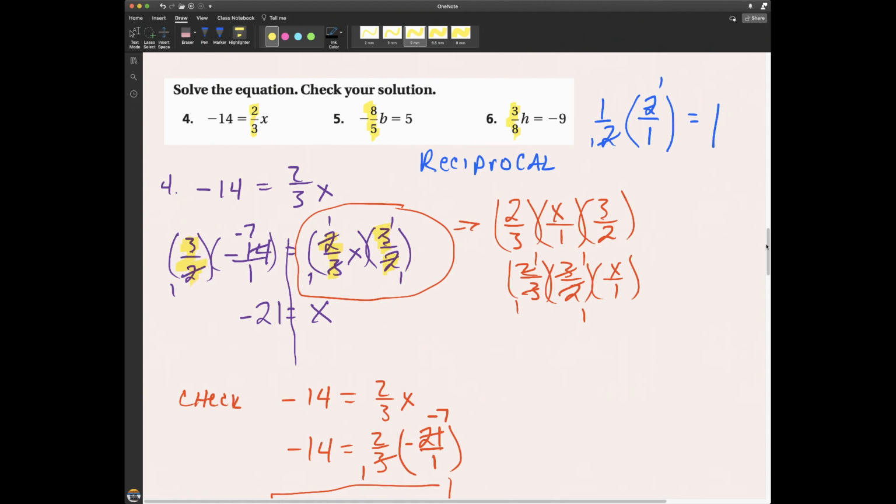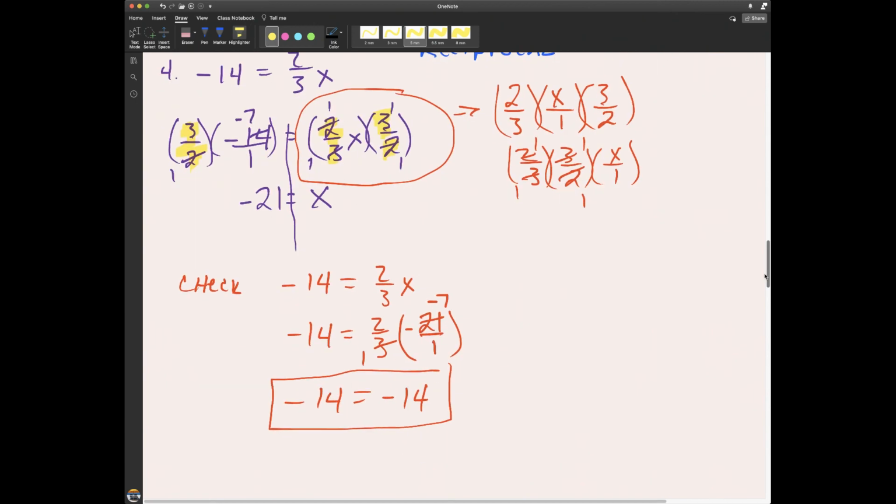So I ended up with x equals -21. And what I put a circle around here was just to show you why I can multiply 2/3 times 3/2. I'm using the commutative property of multiplication to do that, which says the order doesn't matter when I'm multiplying numbers. Okay. So we can check it, and you see that I did, and we're good to go.